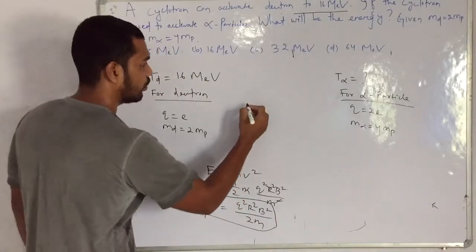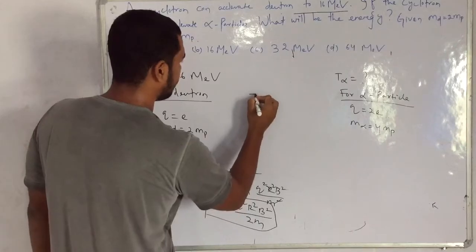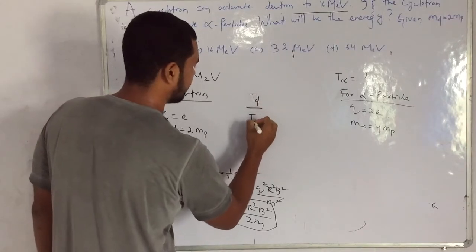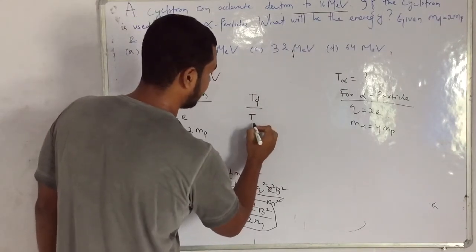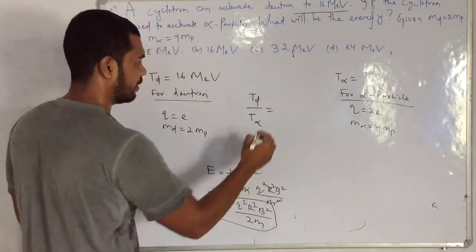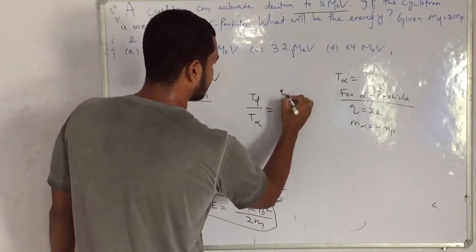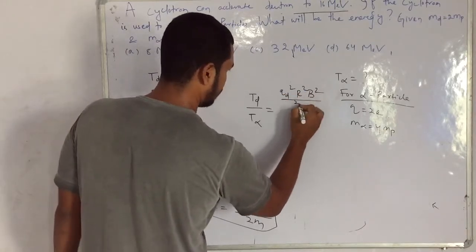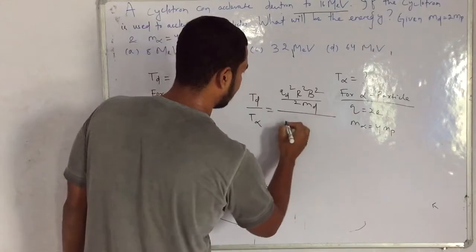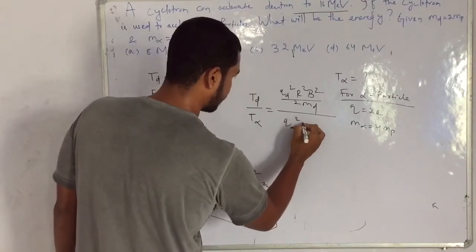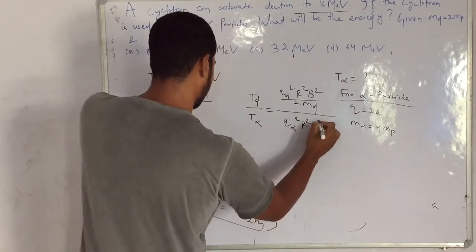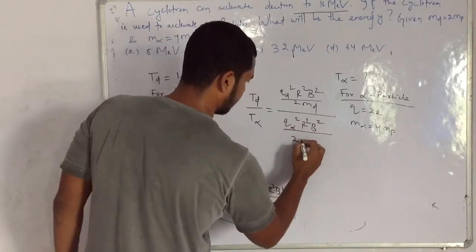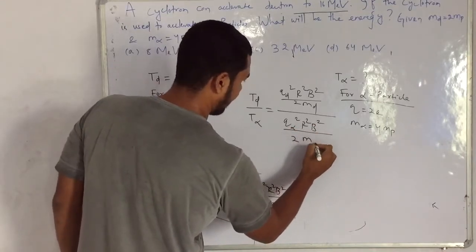So we can take the ratio of T_D upon T alpha, which equals q_D square R square B square upon 2 m_D, upon q alpha square R square B square upon 2 m alpha.